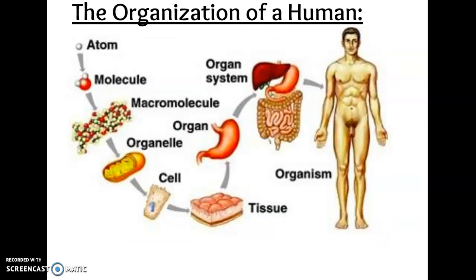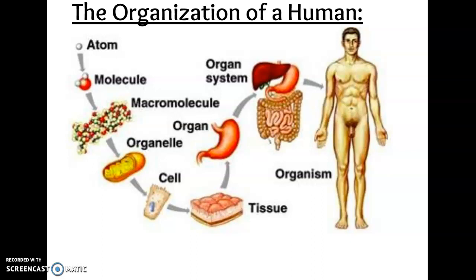The organization of a human has been broken down for us so that we know the very tiniest components would be an atom moving to a molecule and then a macromolecule, which we've studied previously in this class, into organelles. And organelles help that cell to function.